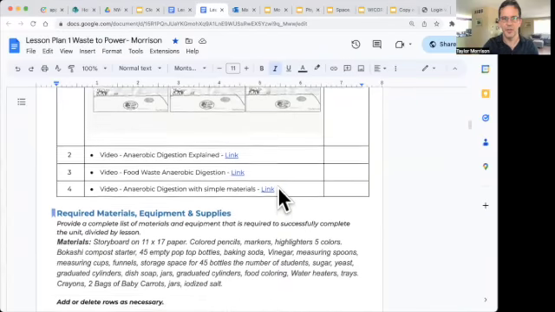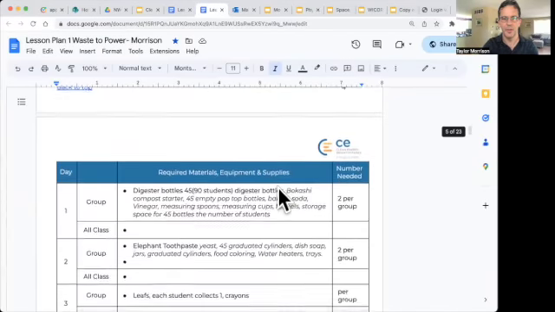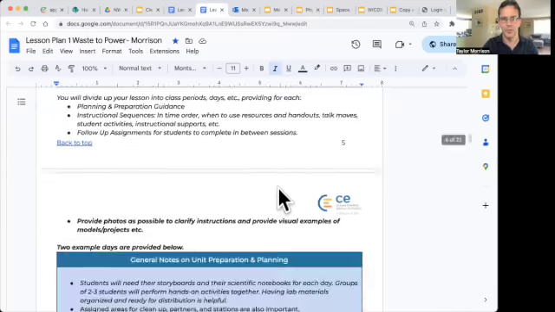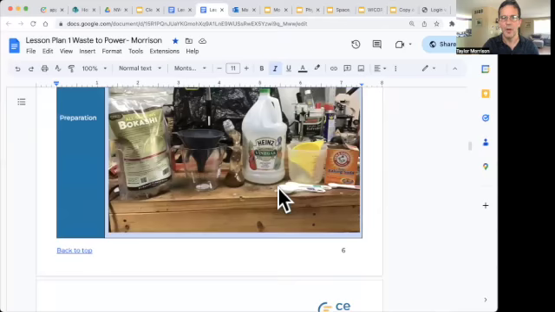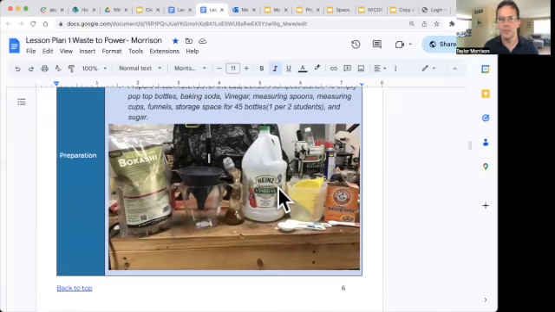There's also video links here about anaerobic digestion, but I always prefer the interactive stuff first. We did make anaerobic digesters. I found the best ones to make were these little bottles here, like water bottles or Gatorade bottles. I found this Japanese fertilizer here. It's anaerobic fertilizer, so you can grow anaerobic bacteria.